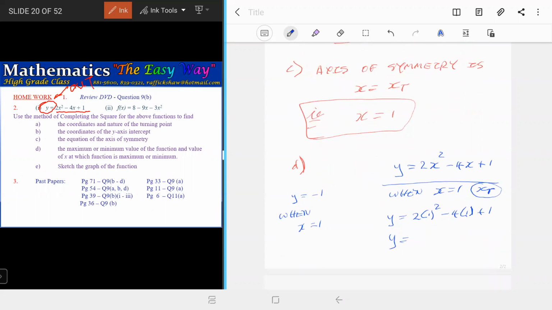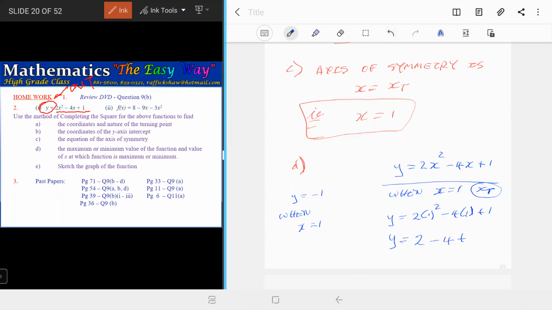Y equals, this 1 squared is 1. So this is like 2 times 1, which is 2. This is minus 4 times 1, so it's -4. And then this plus 1 comes back.